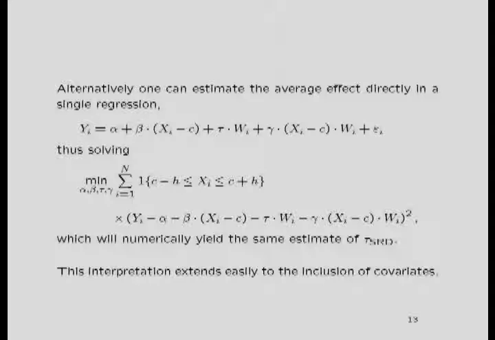Then the least squares estimate for tau gives you the local linear regression estimate based on this particular set of observations. Once you set it up this way, it's clear that you could very easily include other covariates as well, and that should work fine. The key point I'm going to come back to in a second is how to choose the bandwidth h here, which is just how far you extend the set of observations you're using.